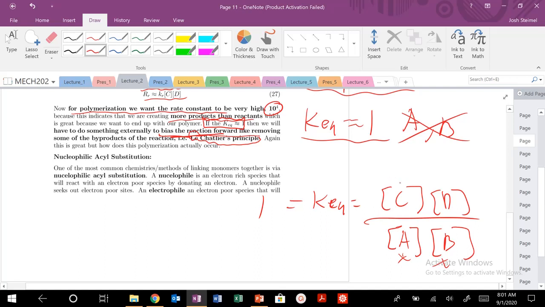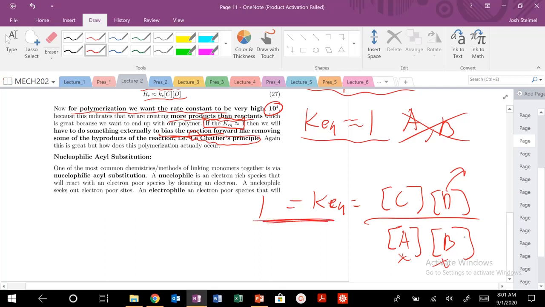One thing we could do to bias the equation is to basically remove the byproducts. So remove that D byproduct that's formed during this step growth polymerization route, this condensation reaction. If I remove this concentration, my K equilibrium still must be 1.